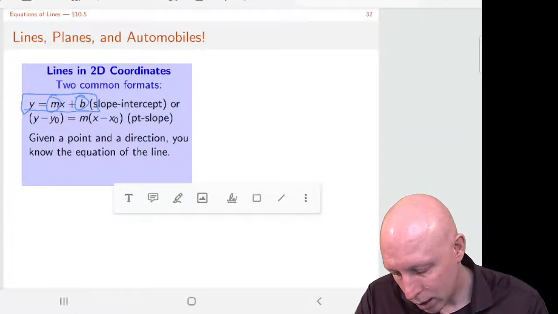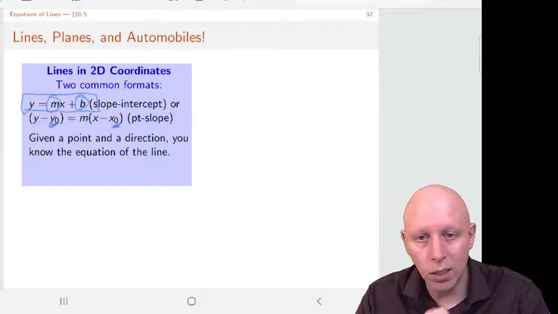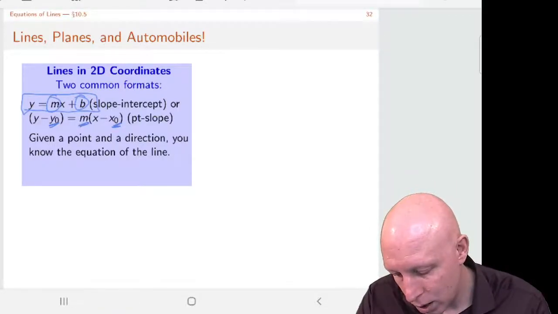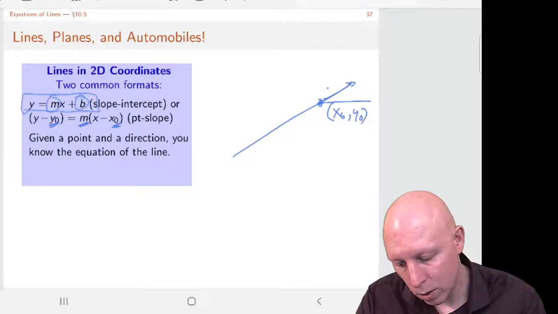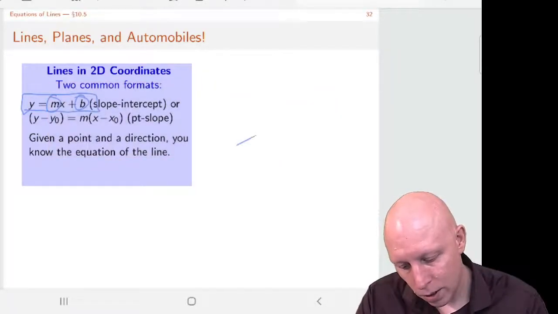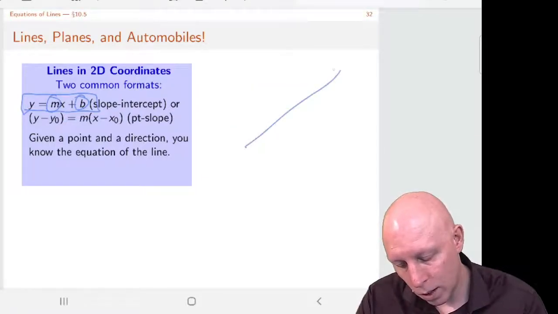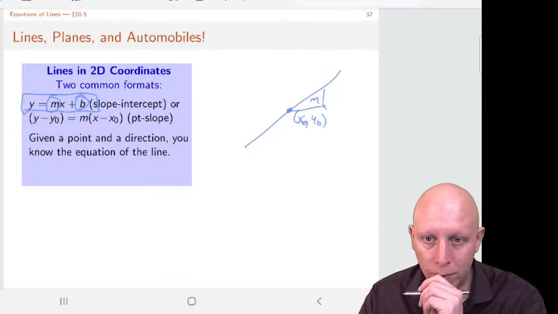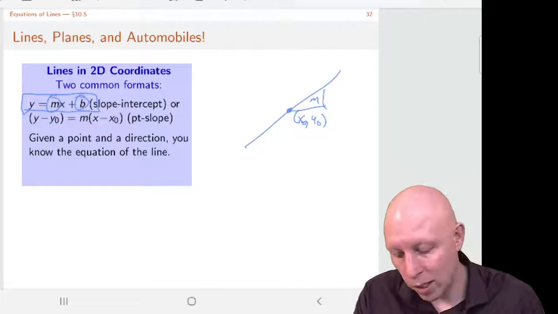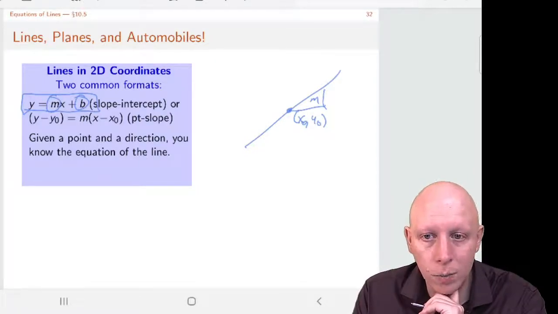So if you have a point x naught, y naught on the line, and you know what the slope is, you have your line, you have your point, and you have your slope, m. Then you can write down y minus y naught equals m times x minus x naught.